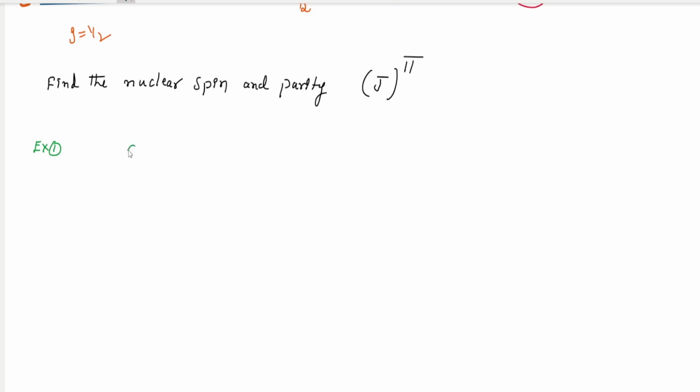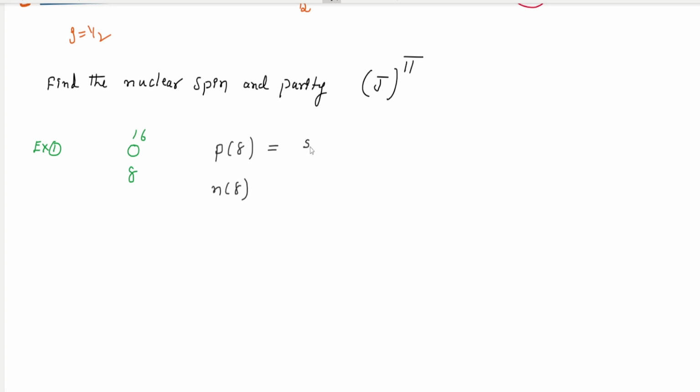For example, if you take oxygen-16, with atomic number 8. We need to write the notations first, right? The number of protons is 8 and the number of neutrons is 8.